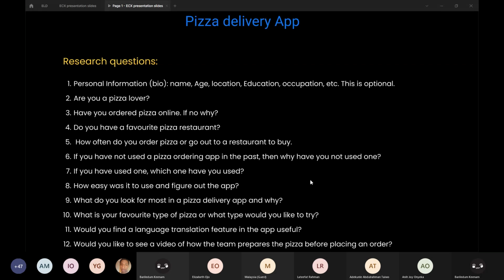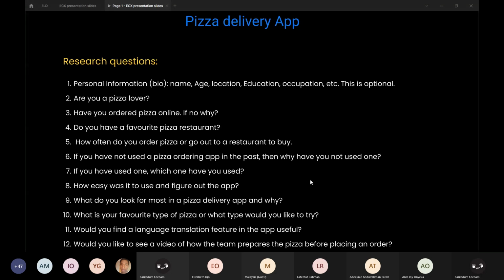So how often do you order pizza or go out to a restaurant to buy? Some people don't really like ordering pizza online, while some people are too lazy to go to the restaurant to buy the pizza. So some people can actually love the idea of a pizza delivery app in which they don't have to stress. Some people can decide not to eat pizza if the restaurant or the pizza shop is far away.